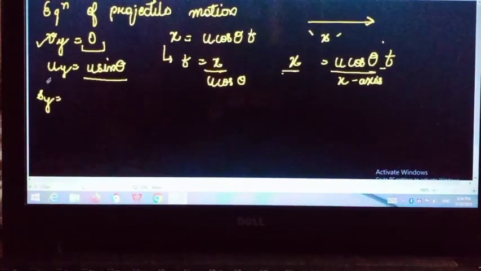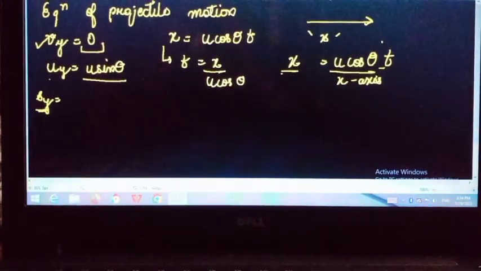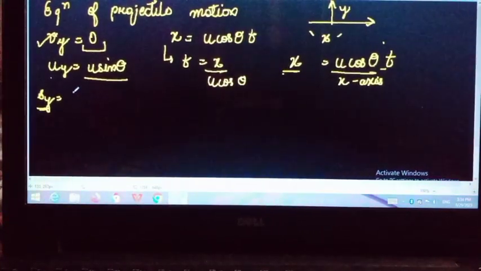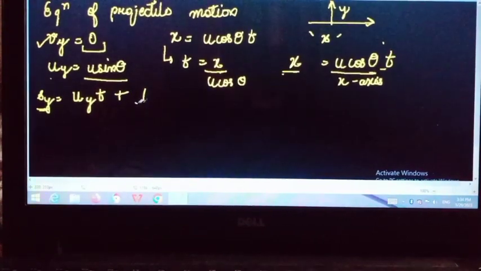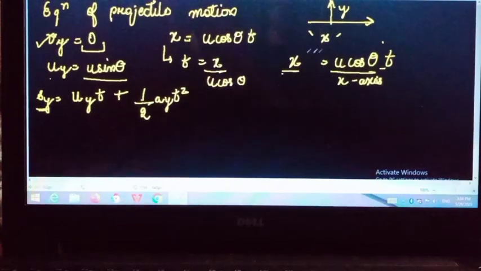So Sy, the distance traveled on the y-axis, we can write as uy t plus half ay t square.